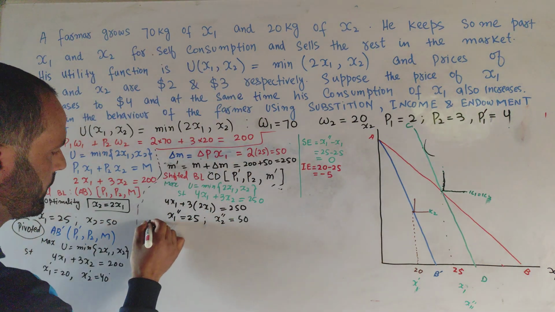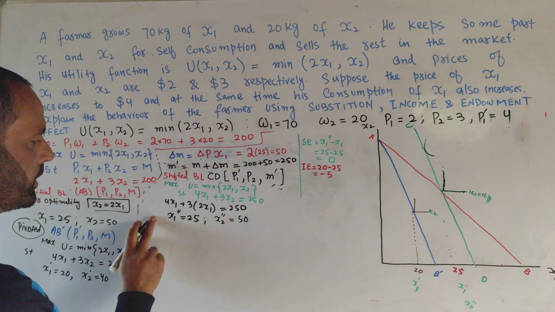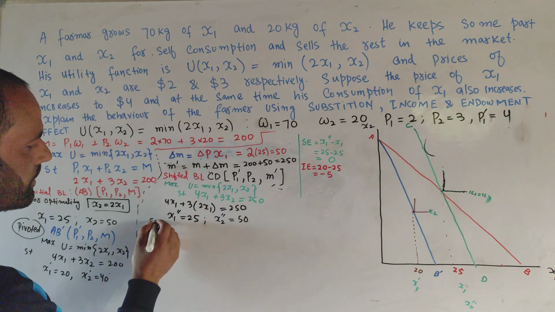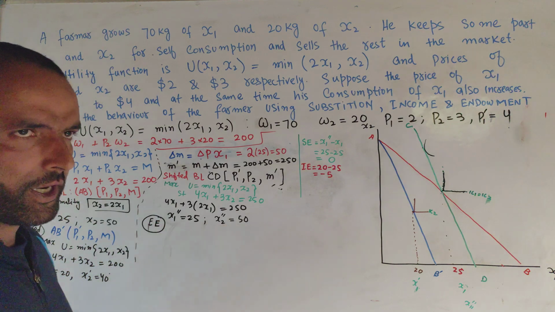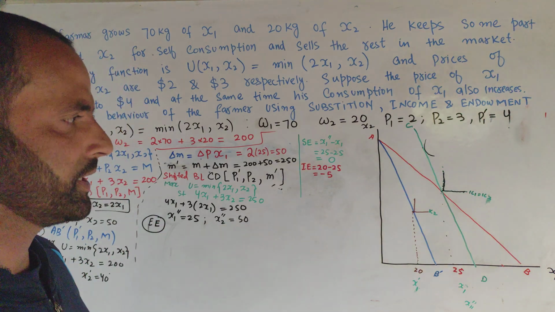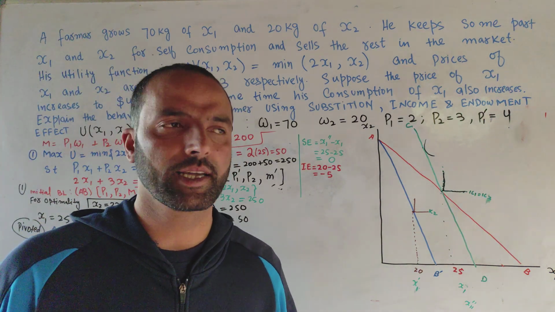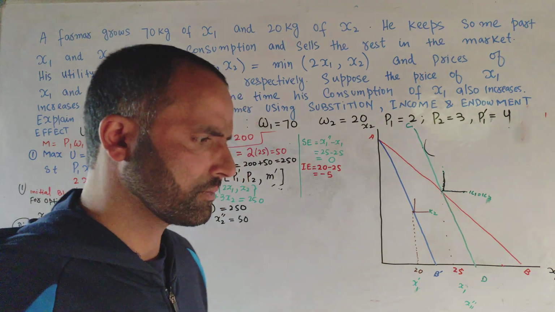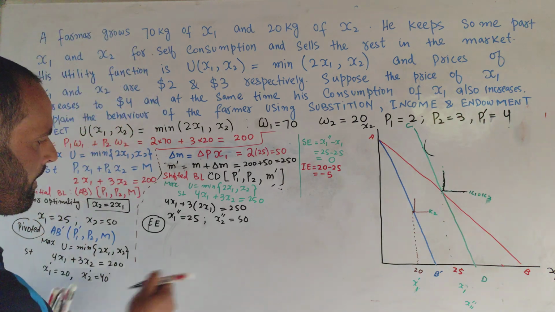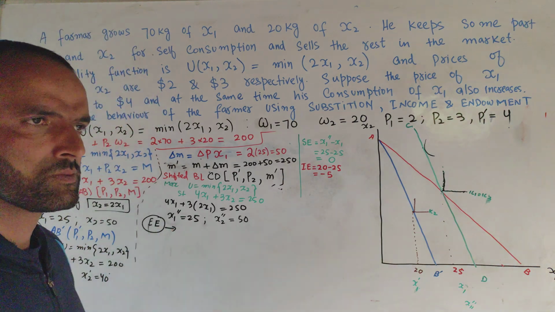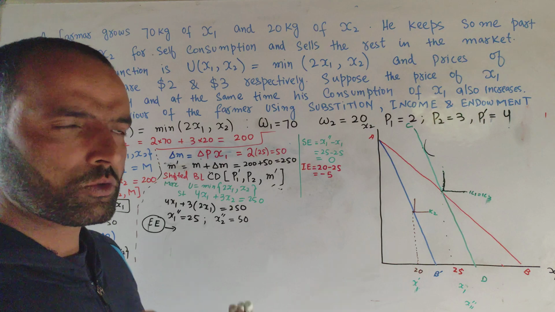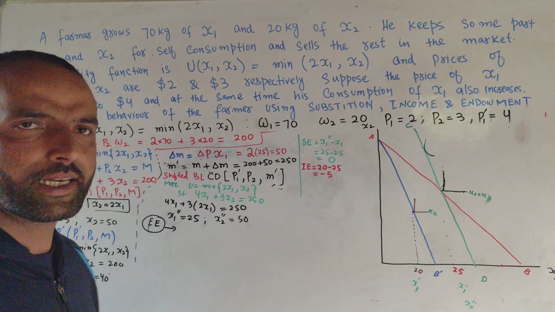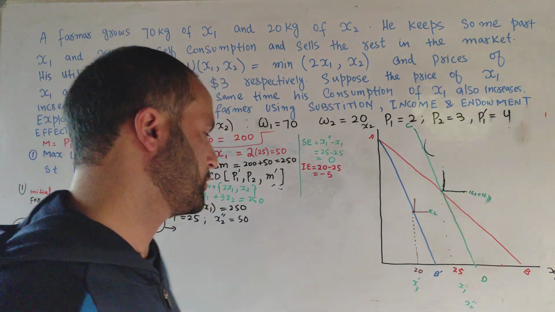Now we also need to find out the ordinary income effect. So what is meant by ordinary? We have to find out the endowment effect here. By endowment effect, what do we mean? How much quantity of good x1 will the consumer consume when the price of endowment has changed. Okay, so to find out the endowment effect, we need to see how much there is change in the endowment income of the consumer.